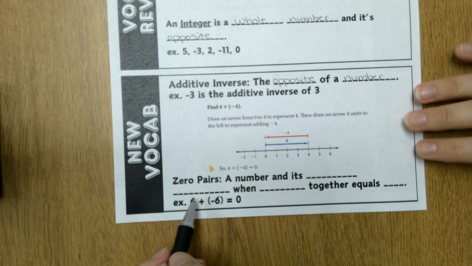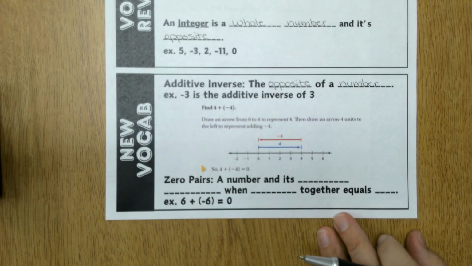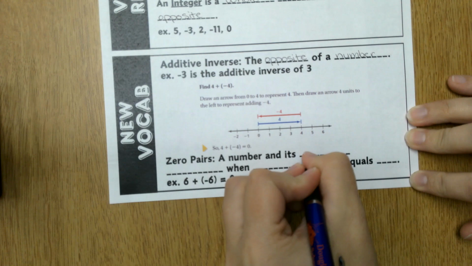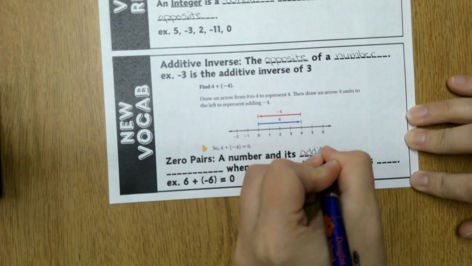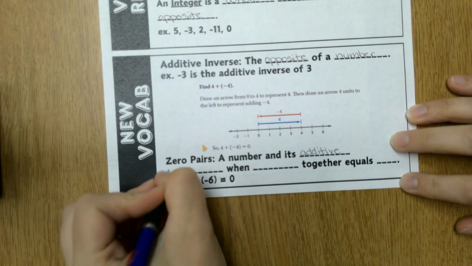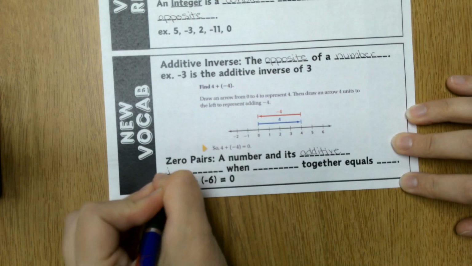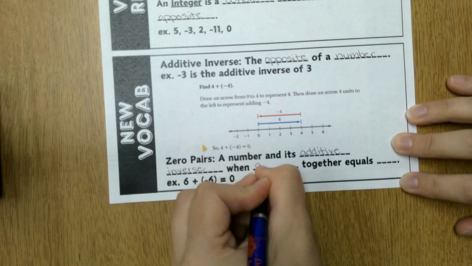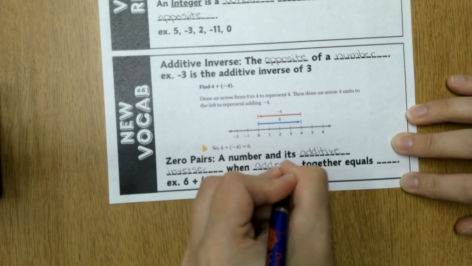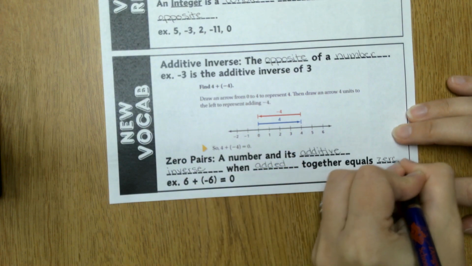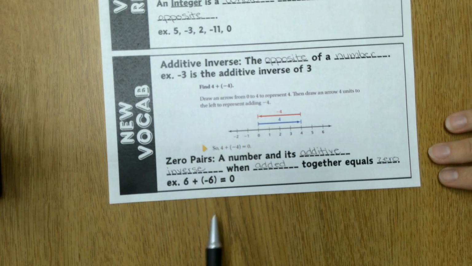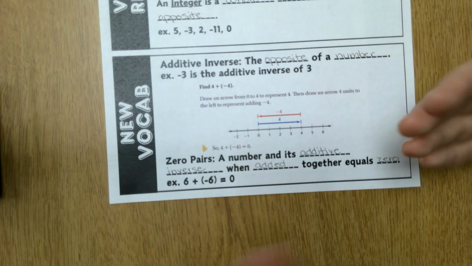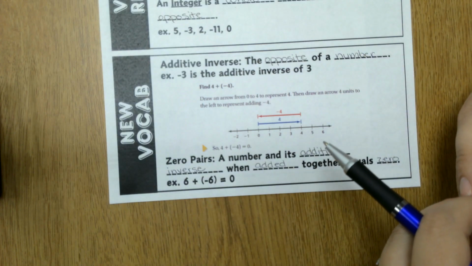Okay? Our other term is called zero pairs. Zero pairs is when a number and its additive inverse, which recall I just said that just means opposite, when added together, equals 0. So to get a zero pair, you're taking a number and its additive inverse, or its opposite. You're adding them together, so now they're going to equal 0.